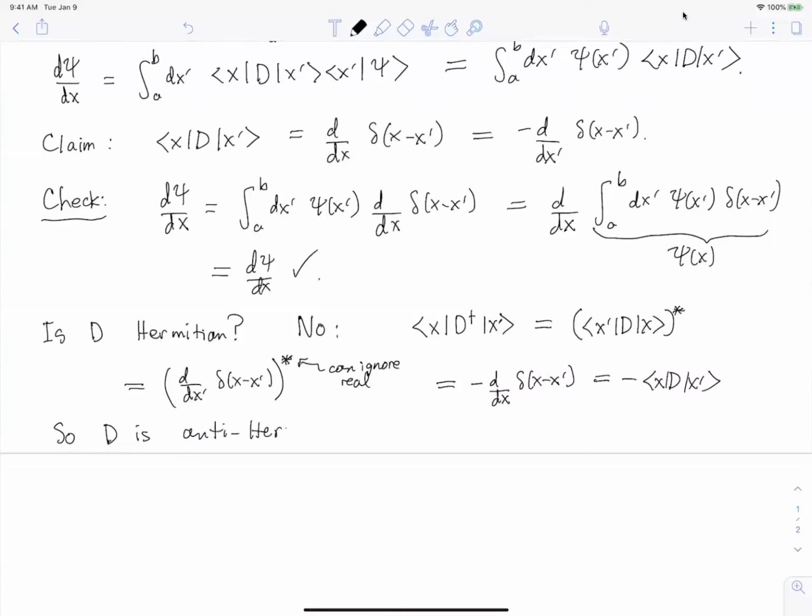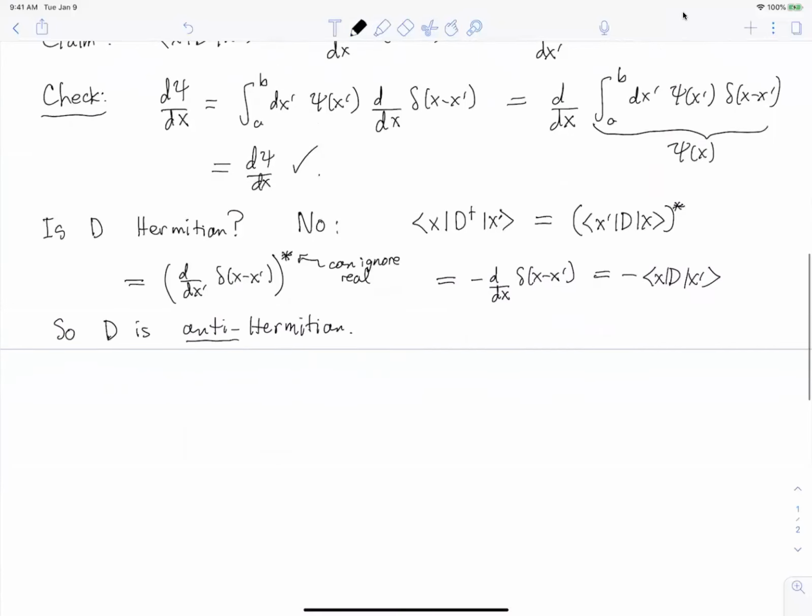So D is not eligible to be an observable, because observables, we said, had to be Hermitian, not anti-Hermitian. So that's bad news. But on the other hand, that means that if we just multiply this thing by either i or minus i, or anything else like that that has an i in it, it's going to be a Hermitian operator and it will be okay.